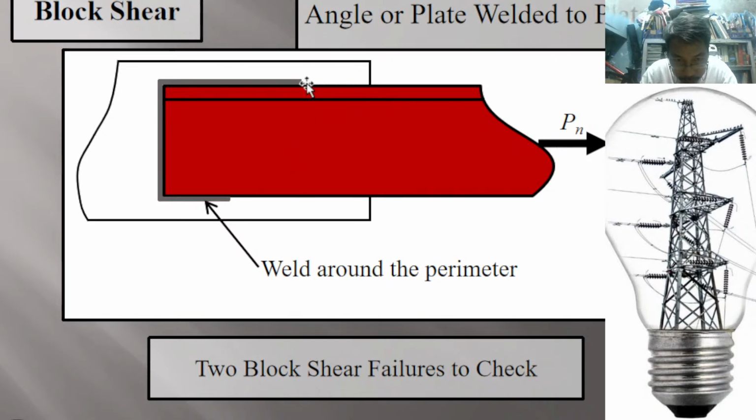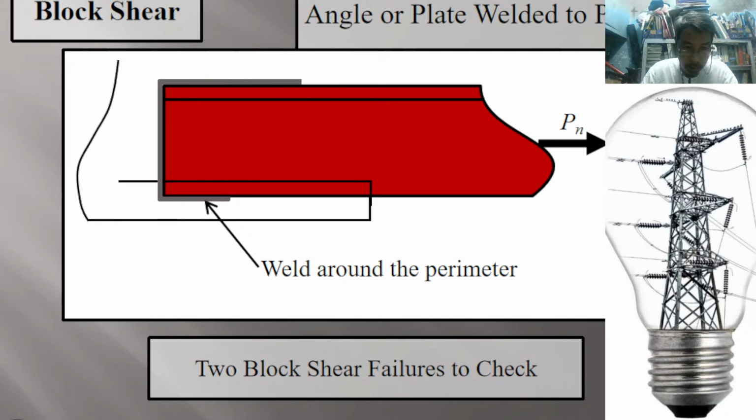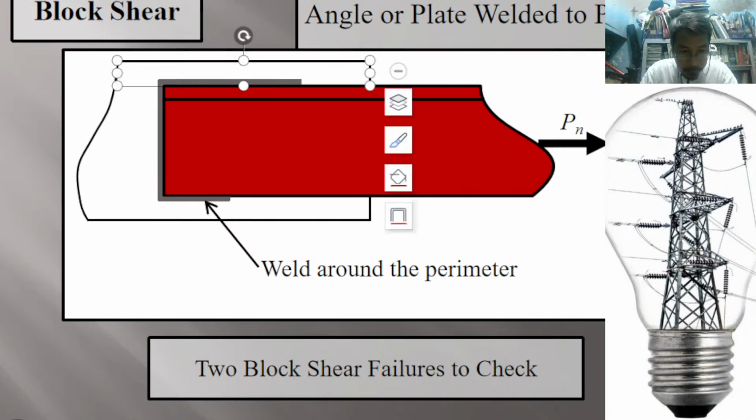This is the edge. So the failure could be like this, and the failure could be like this. So there are two ways that it could fail.